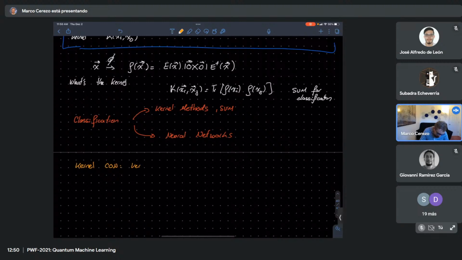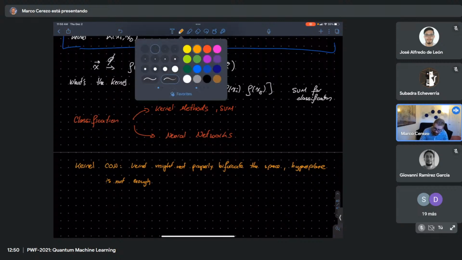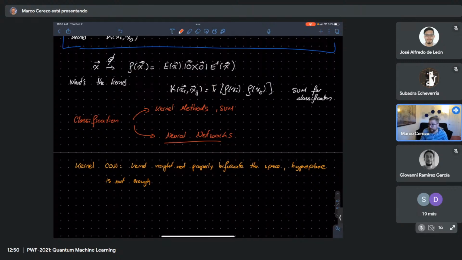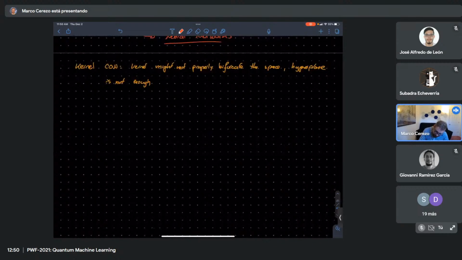It could be that the kernel might not properly bifurcate the space, or maybe a hyperplane, and just trying to do the classification by fitting a plane is not enough, right? So what do we do here? We go to the next thing, which are, in machine learning, neural networks.